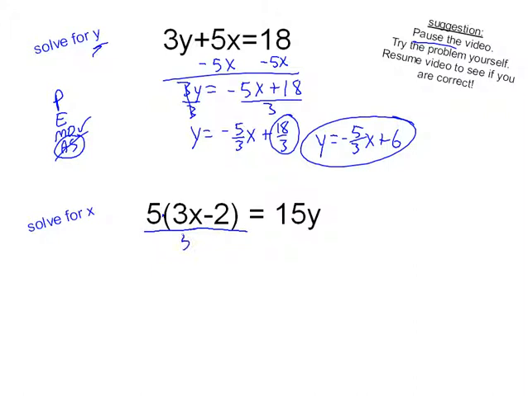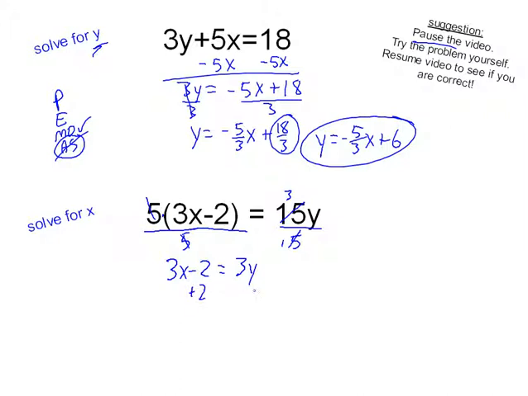So I'm going to divide this side by 5 and divide this side by 5. That cancels out or reduces to 1. I'm left with 3x minus 2 equals, well, 15 over 5 reduces to 3y. So I got rid of that multiplication.